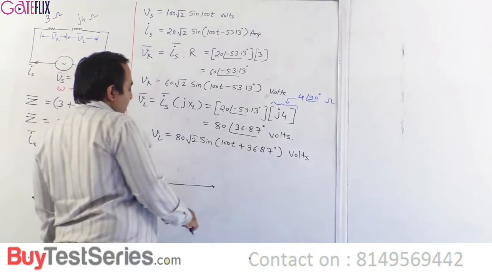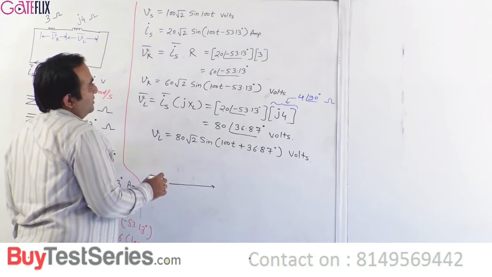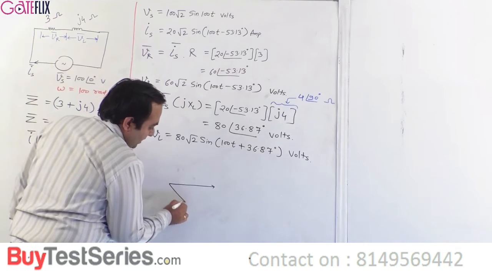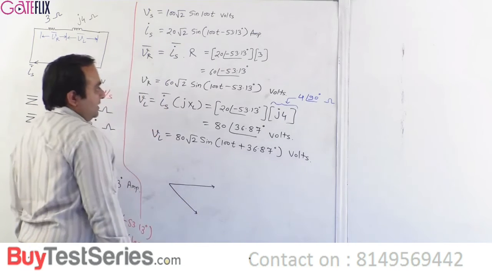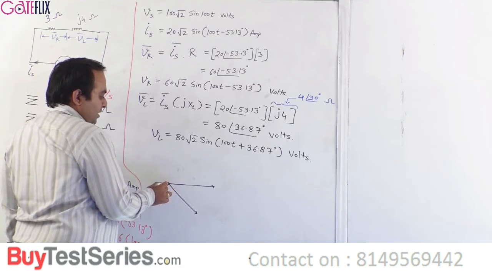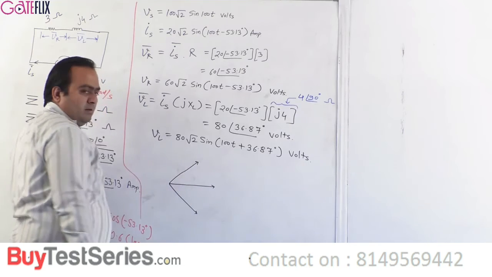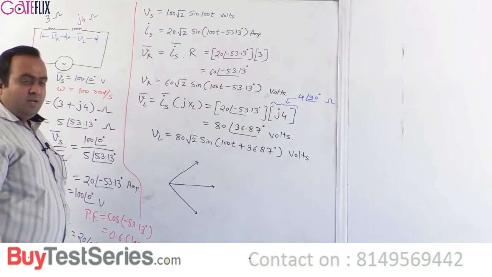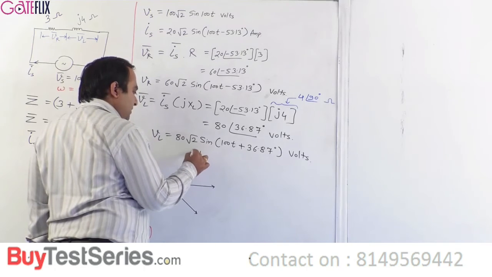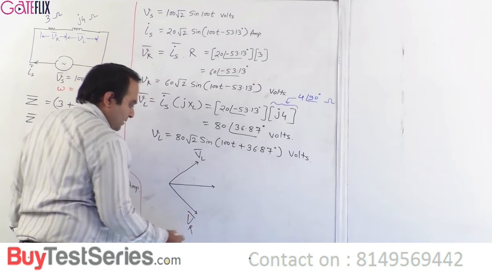So you can see, if this is your Vs, your VR should lag by 53.13 degrees. So let me draw it like this, and VL should lead by 36.87 degrees. So this will be VL phasor. This is VR phasor.